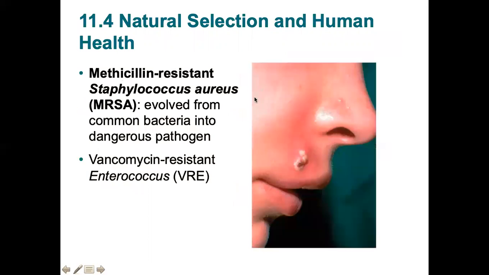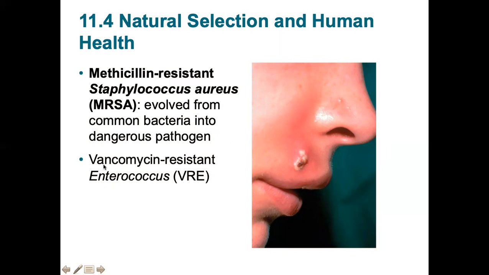Because this is how all kinds of, I don't know why the authors think they need to bold scientific names. We italicize Latin names, not bold them. But MRSA, methicillin-resistant Staphylococcus aureus, that causes staph infections, has become resistant to methicillin, which is an antibiotic.